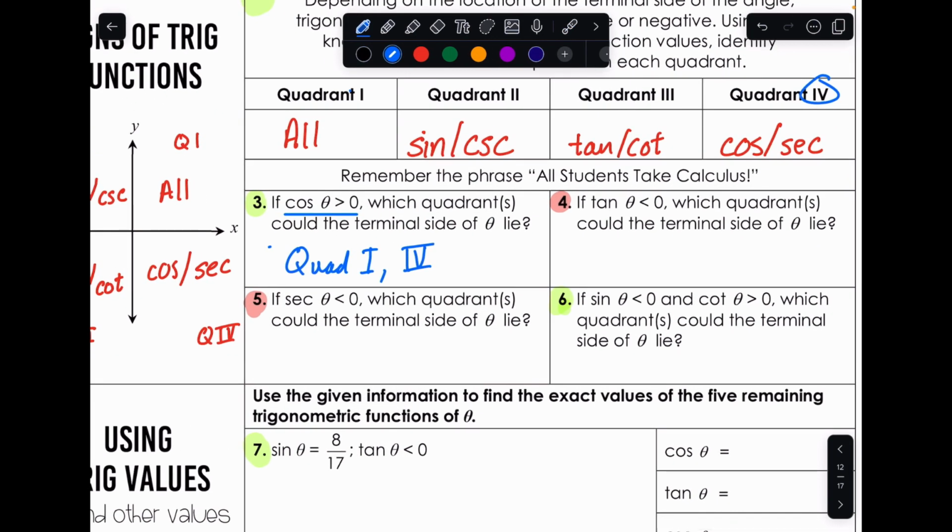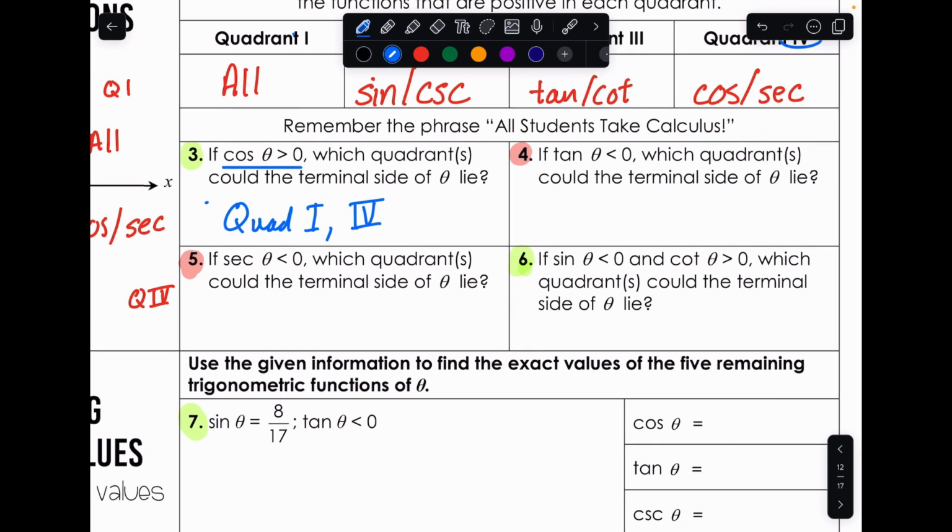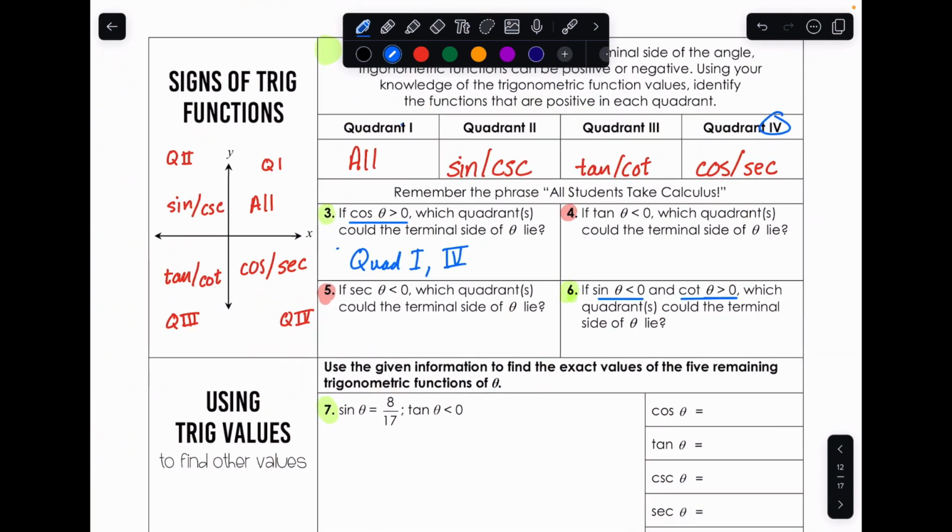If sine is less than 0 and cotangent is greater than 0, which quadrant could the terminal side of theta lie in? So I'm looking at number 6. If sine of theta is less than 0, meaning it's negative, and cotangent is greater than 0, so we have to look for something that makes this positive, but then we'll have sine being negative.